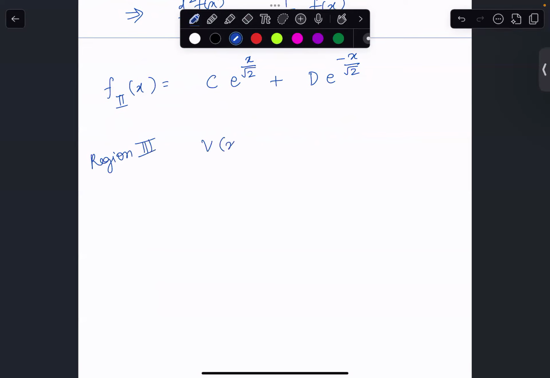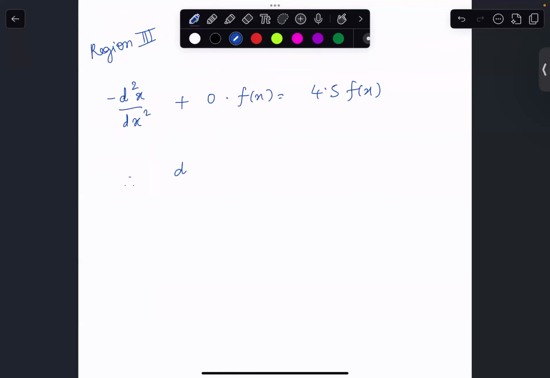And in region 3, we have been given V of x equals 0. So when we substitute that in the master equation, we get minus d squared f on dx squared plus 0 times f of x equals 4.5 f of x. Therefore, we end up getting d squared f of x upon dx squared equals minus 9 upon 2 f of x.